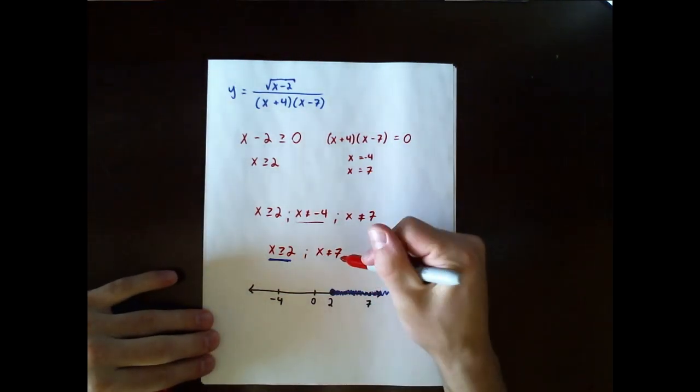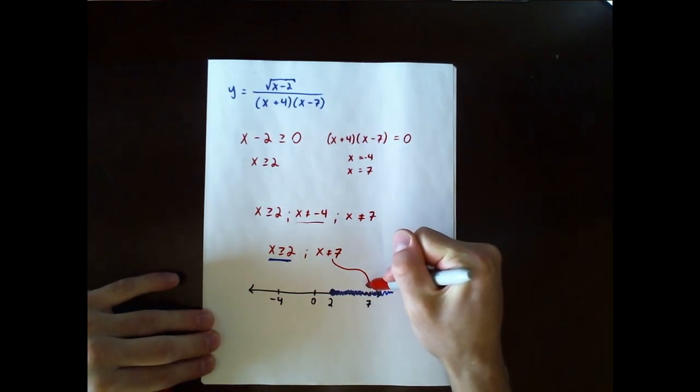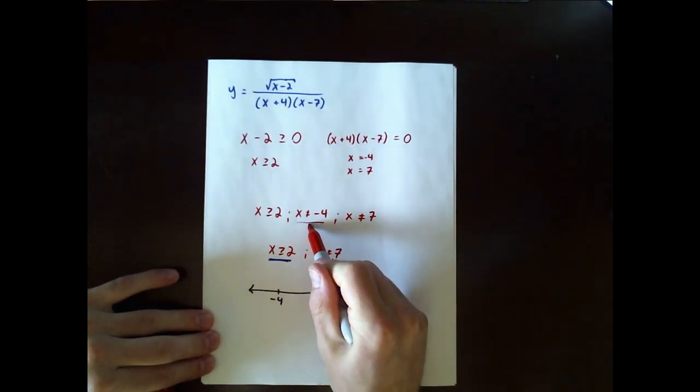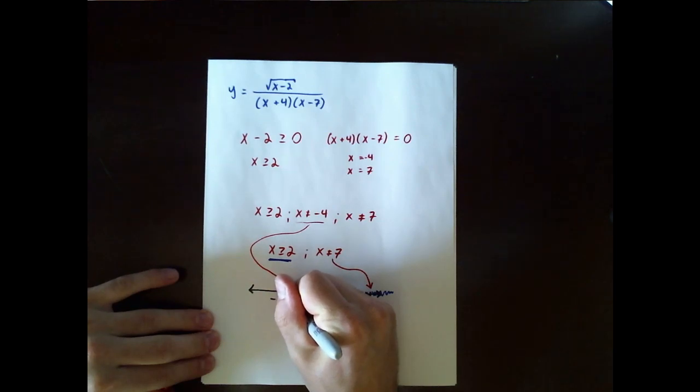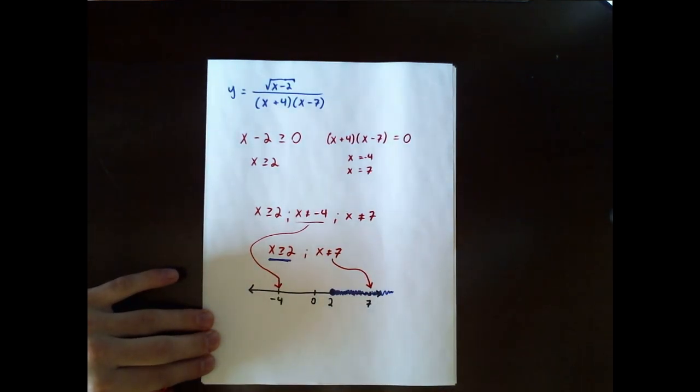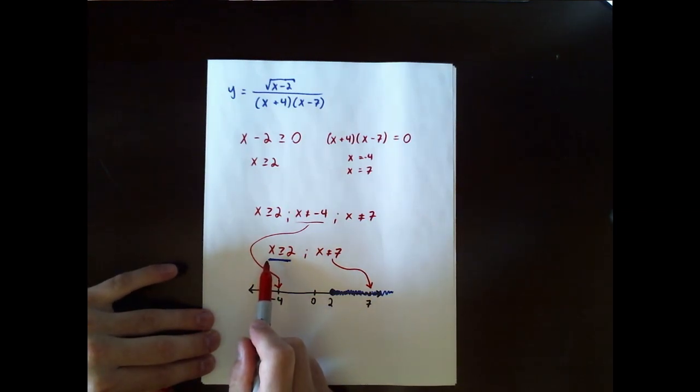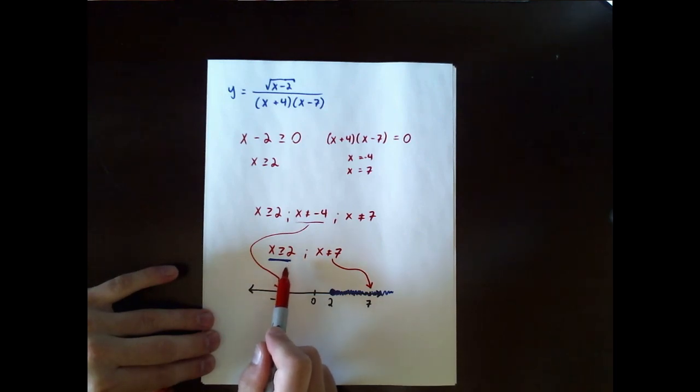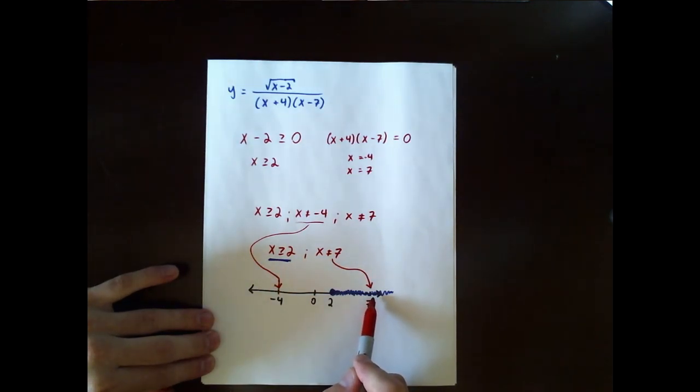One is going to be at 7, right there, and then this negative 4 restriction over here. Like we mentioned earlier, we don't really have to worry about the negative 4 since it's already covered in the x greater than or equal to 2 part, but we do have to worry about this 7.